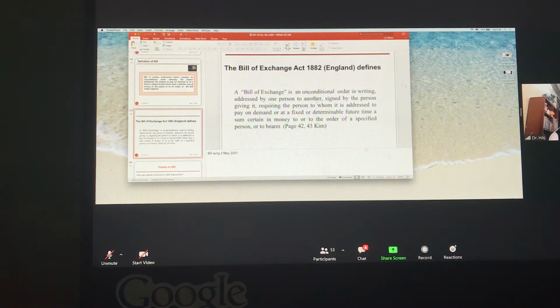For example, if you say the goods must be shipped before 15th of May, it is a conditional order. So if you have this term, the BE will be invalid. That's why, remember, all terms in the BE are unconditional, but not conditional.